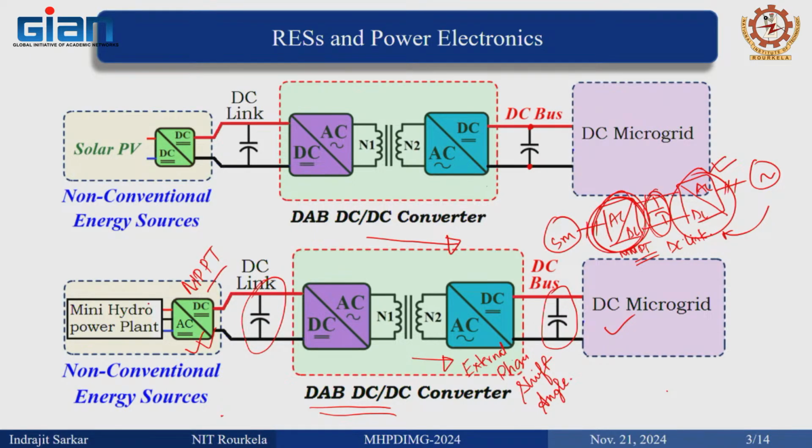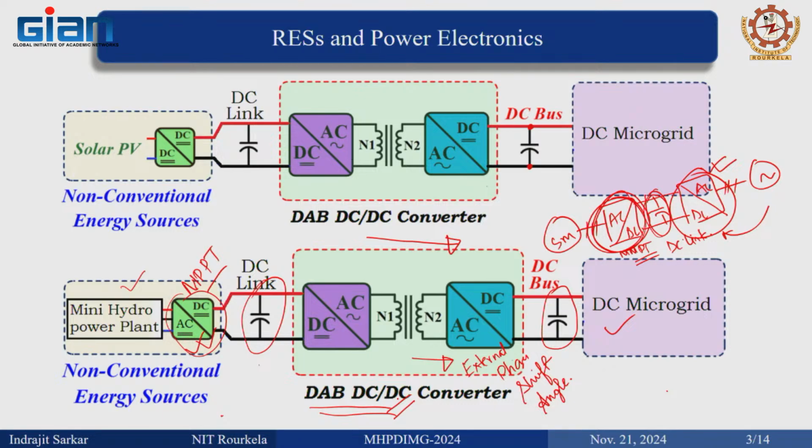So, MPPT power is generated, that is the control that I explained in the first lecture, the rotor speed control will be done, and the DC link voltage has to be fixed. This DC link voltage in this configuration has to be maintained using this DC-DC converter.